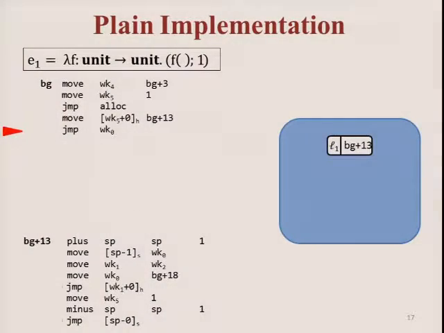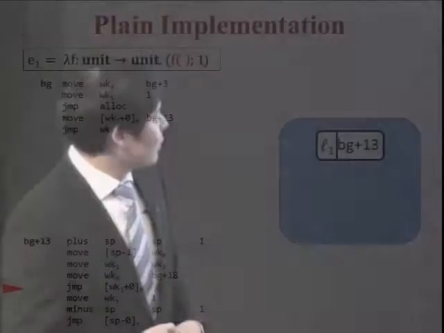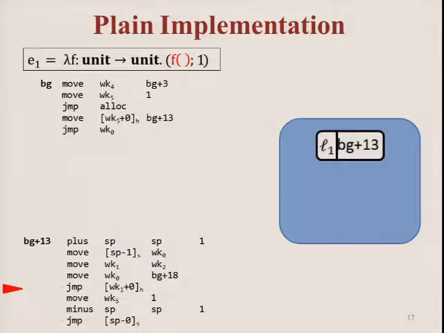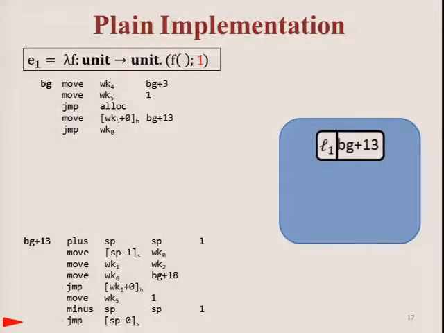If you execute this, it first creates a closure pointing to this function body, bg plus 13. Later, if the closure is called, it will jump to here, first call the callback function, and when the callback function returns, it returns 1 to its caller. It's a simple implementation, right?